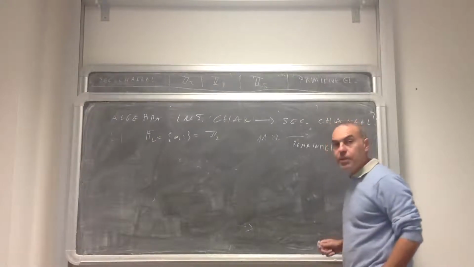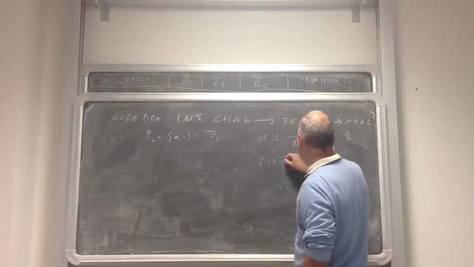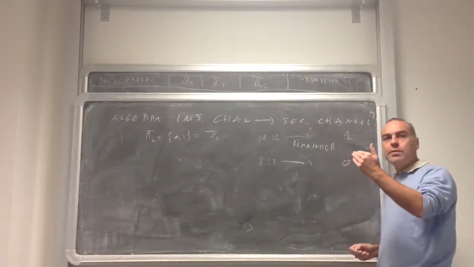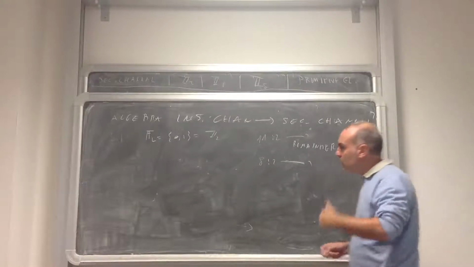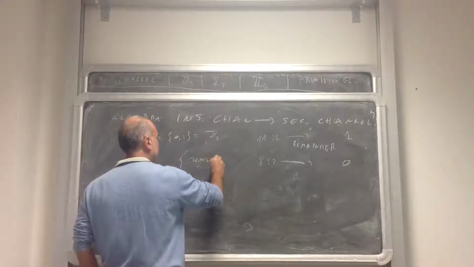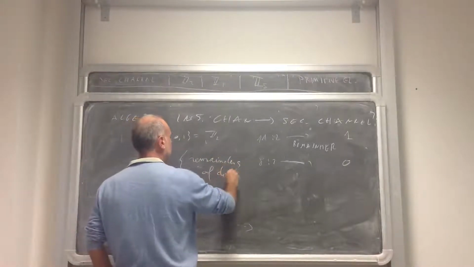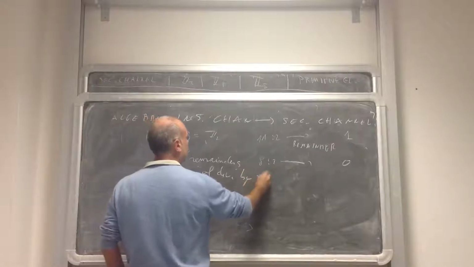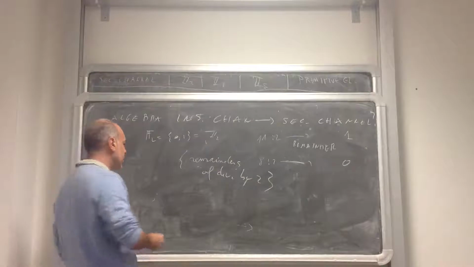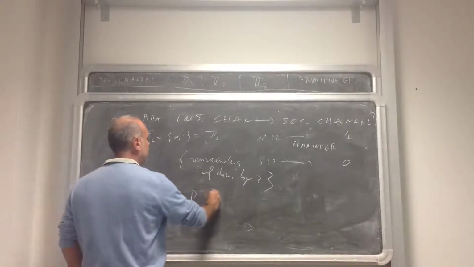Now, if you take the remainder of the division of 8 by 2, it's 0. If you divide by 2, you always get 0 or 1. So the elements of Z2 are actually remainders of division by 2. In the same way, we can consider Zp, where p is a prime.